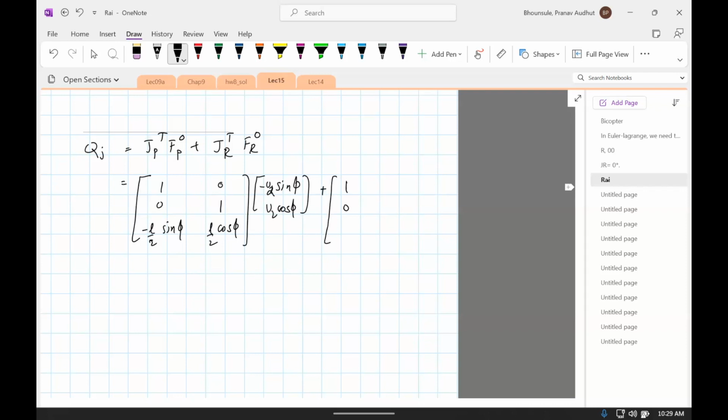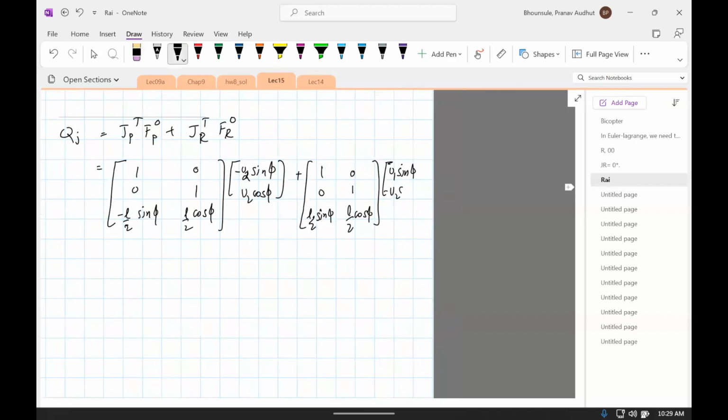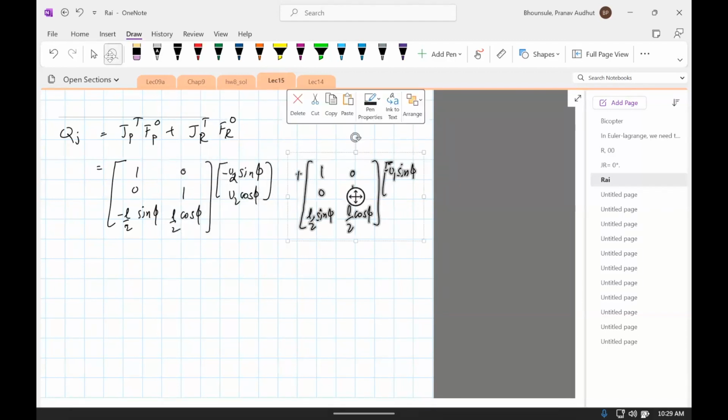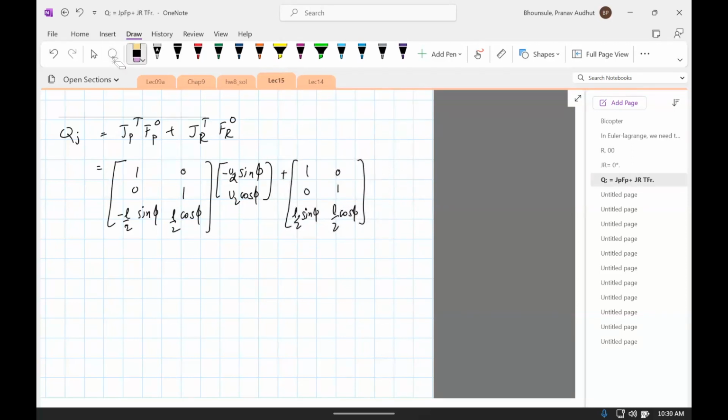One, 0, 0.5 L cosine phi, minus u1 sine phi, u1 cosine phi, and then minus u2 sine phi, u2 cosine phi.